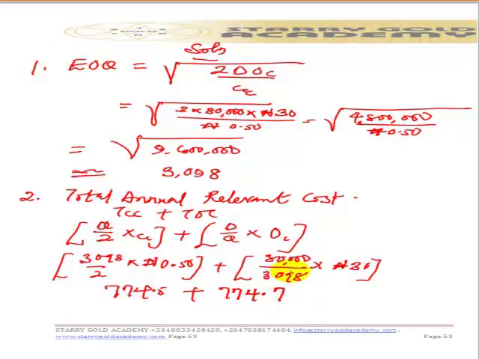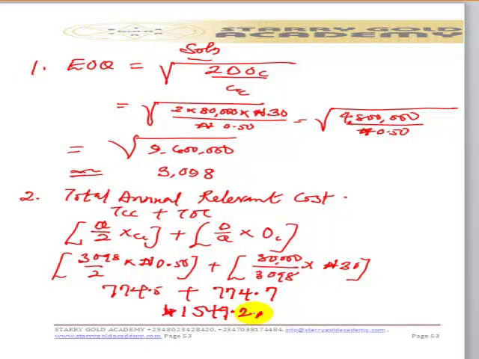So 774.5 plus 774.7 will give us 1,549.2. So that's our total relevant cost.